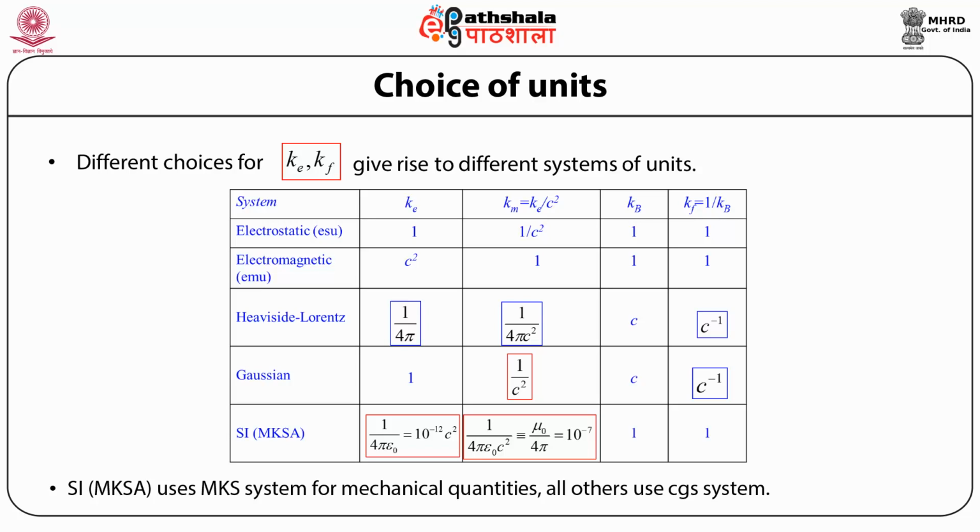Also, the SI system has 4 fundamental dimensions: length, mass, time and current, and all others have only 3 dimensions, that is length, mass and time. All electrical and magnetic quantities are expressed in terms of mechanical quantities only.